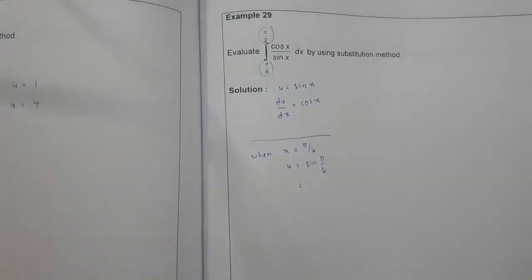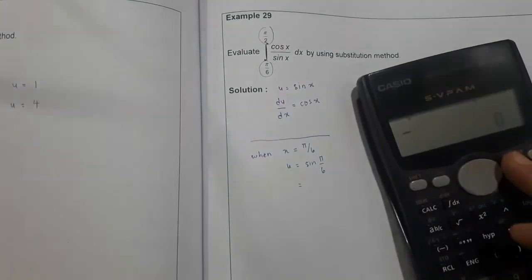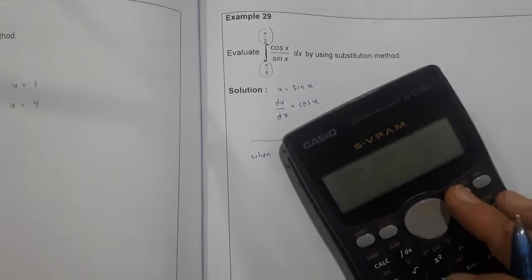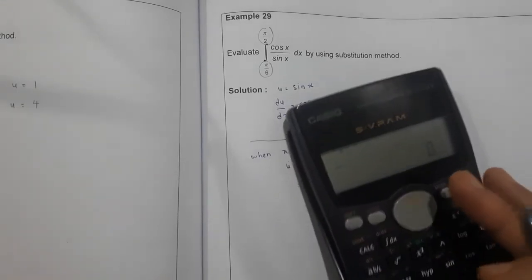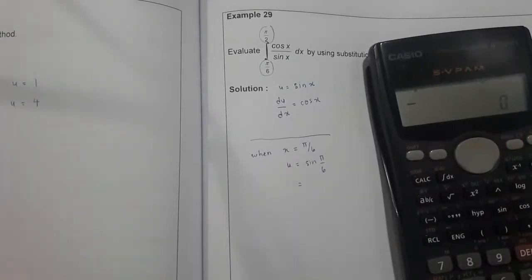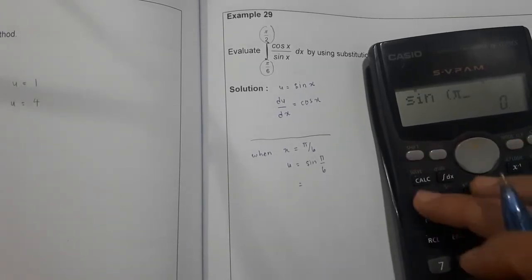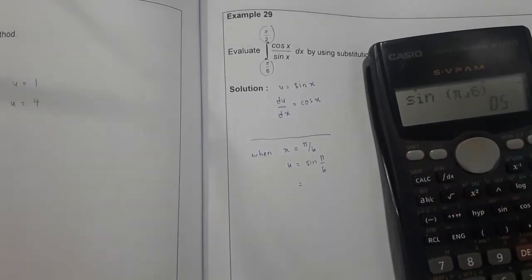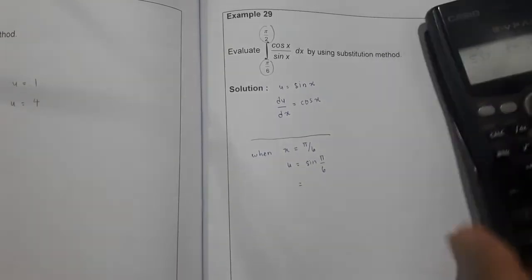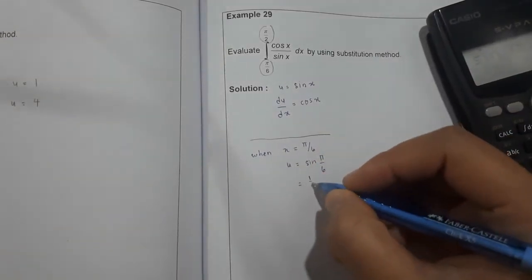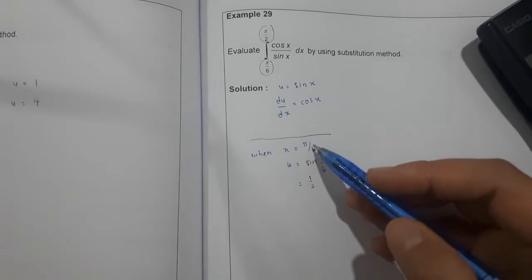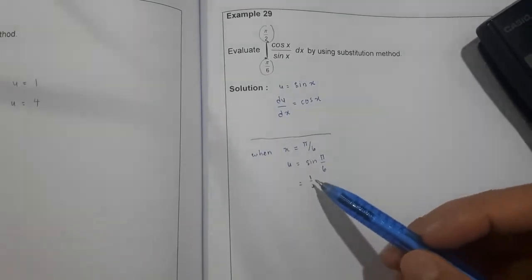So we can use a calculator. Make sure your calculator is in radian mode. Okay, substitute sine pi over 6 equal 0.5 or 1 over 2. So when x equal pi over 6, u equal 1 over 2.